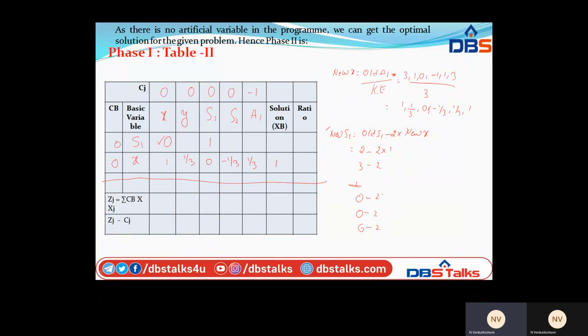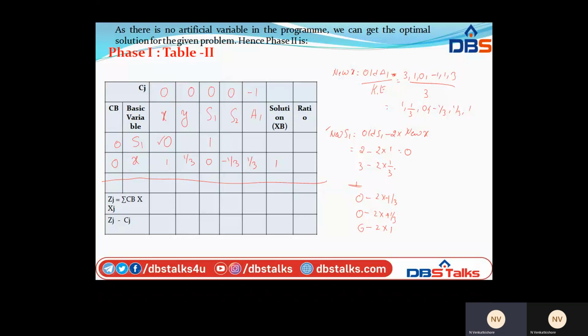What are the new values? 1 by 3, 1, minus 1 by 3, 1 by 3, 1 by 3, 0, minus 1 by 3, 1 by 3, 1.